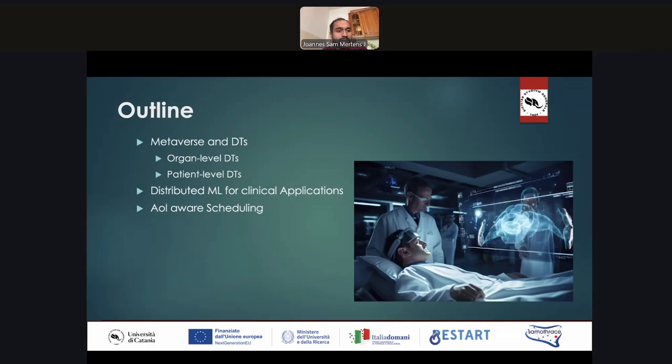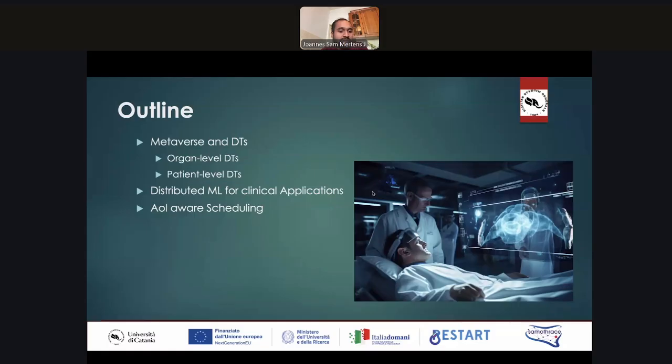And then we are also developing digital twins at the patient level, meaning we have an individual digital twin for each patient. For example, in our daily scenario in hospitals, every morning the doctor goes around and checks each patient room to see if the patient is fine and what the status is.